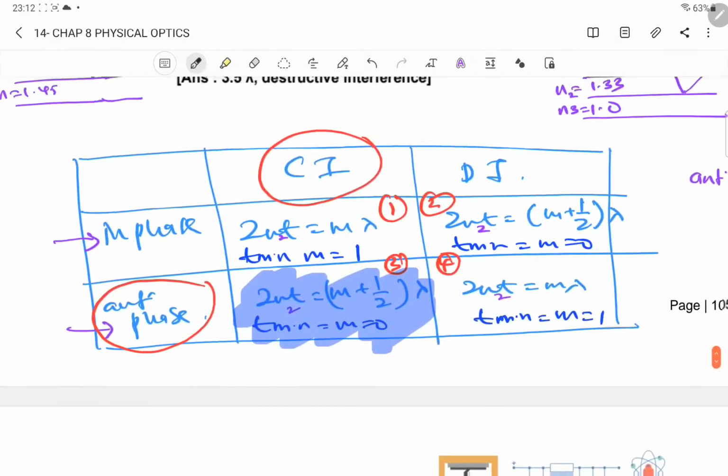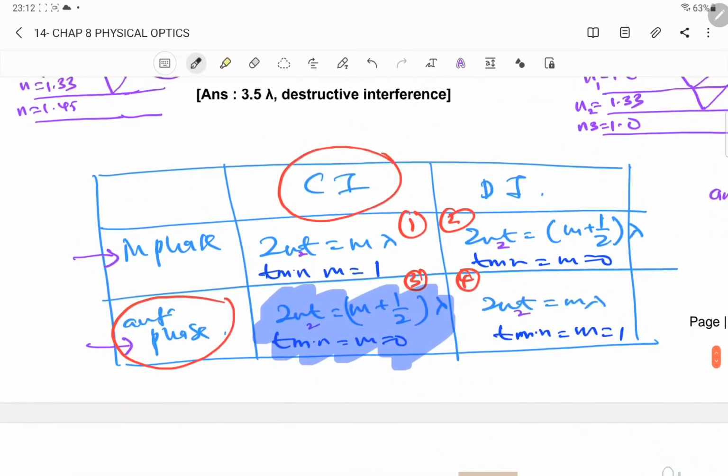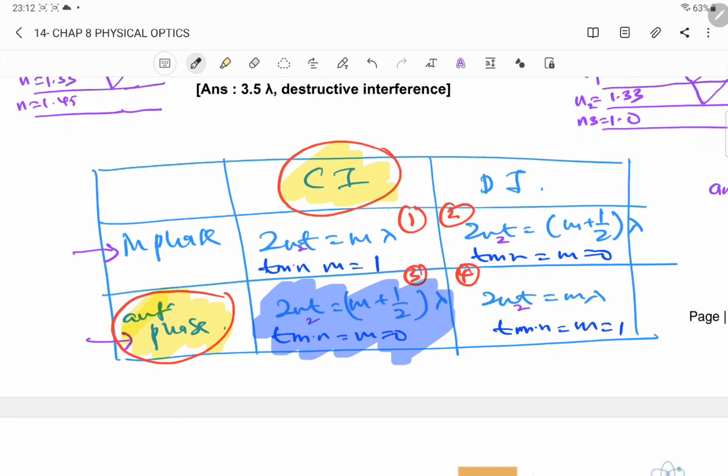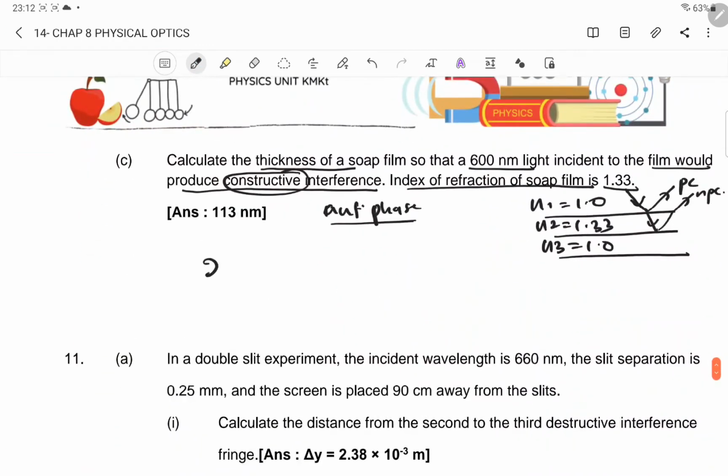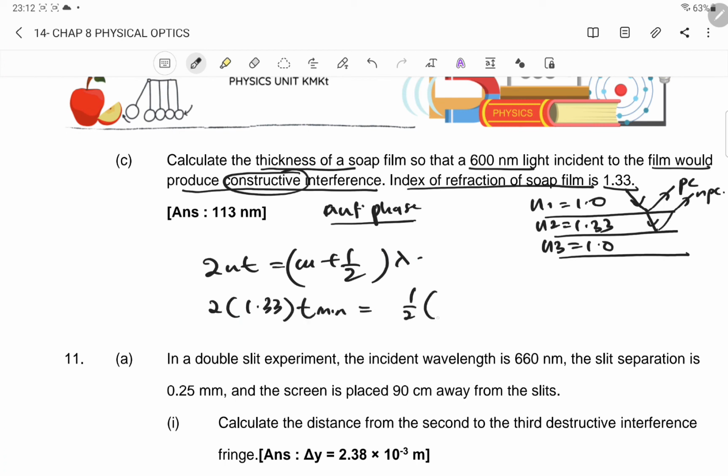Okay, kita lihat sini. Kita punya table anti-phase coherent source. Okay, anti-phase coherent source constructive. So you have to use 2nt equal to m plus half lambda. 2n is 1.33. You can find t minimum, half lambda is 600 times 10 power of negative 9.